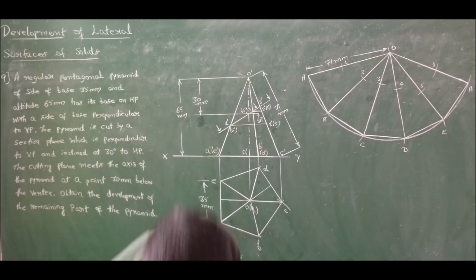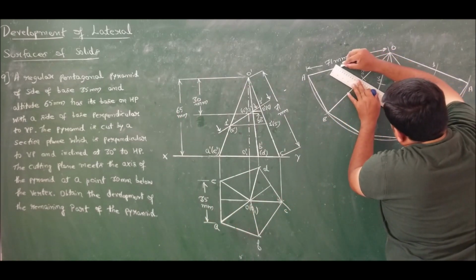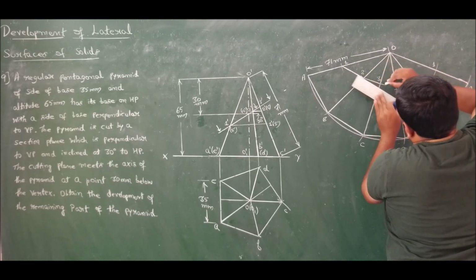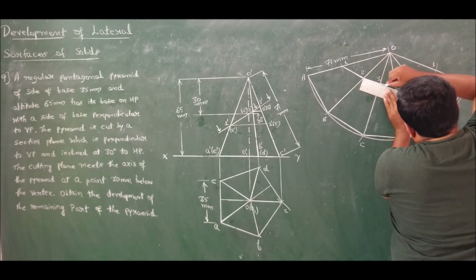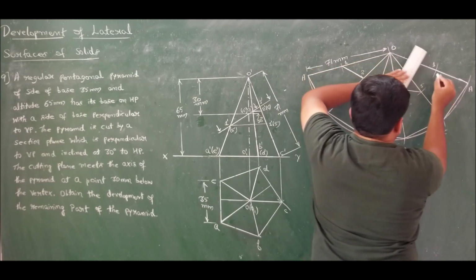Now connect these points 1, 2, 3, 4, 5, 1. That is 1 to 2, 2 to 3, 3 to 4, 4 to 5, then 5 to 1.